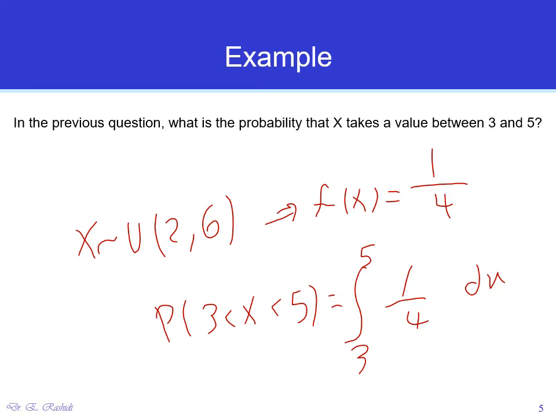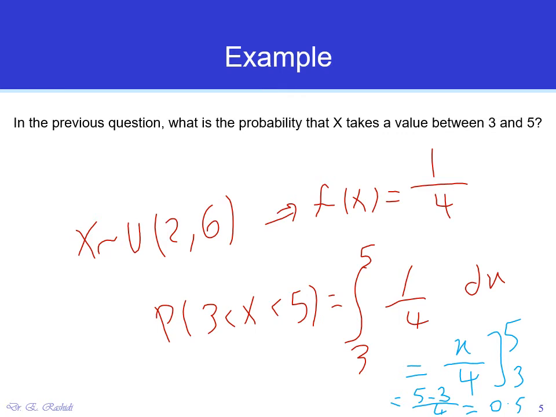If you solve this integral, that's going to give you the probability, which is equal to x over 4 for values of 5 and 3, which is equal to 5 minus 3 divided by 4, which is 2 divided by 4, which is 0.5.